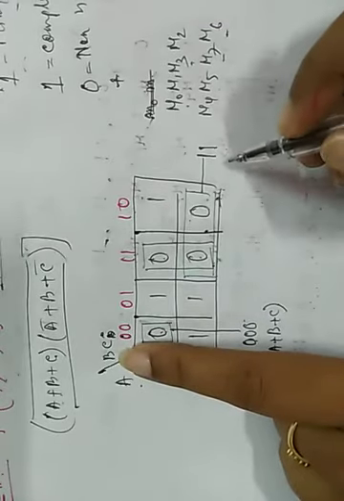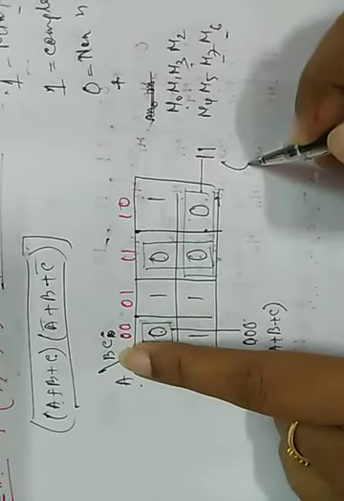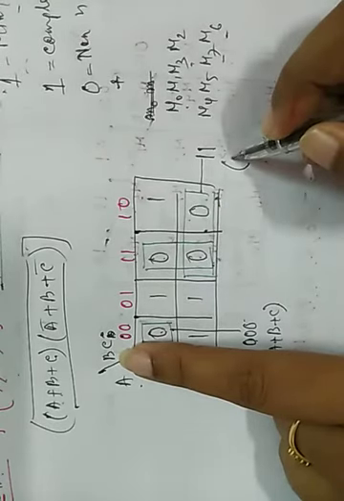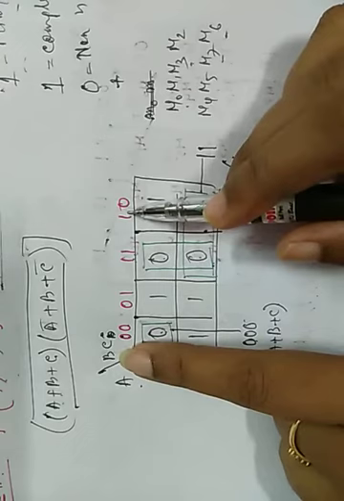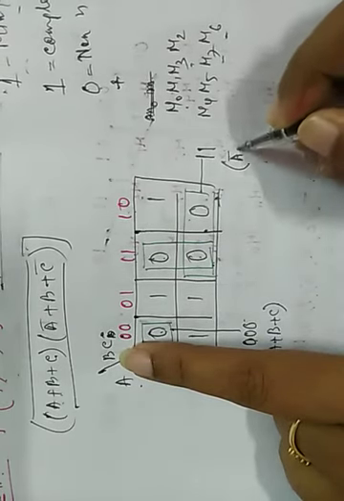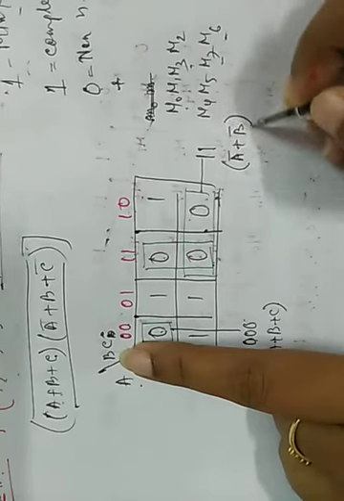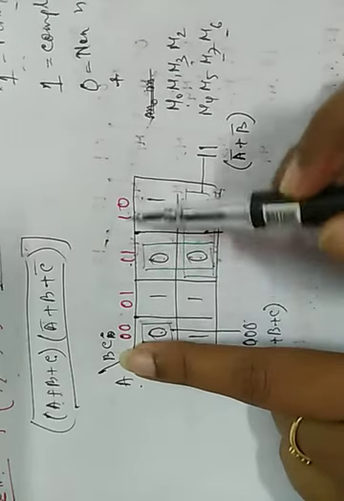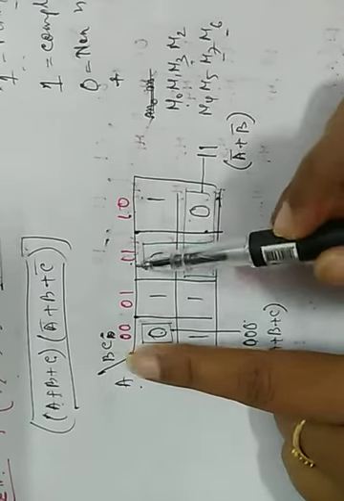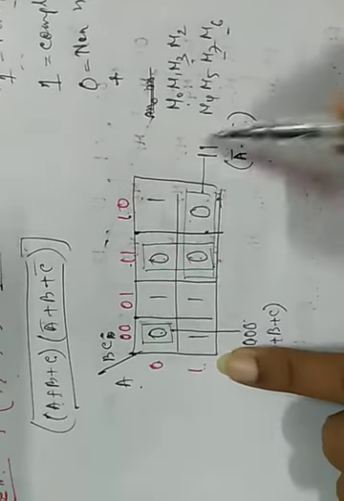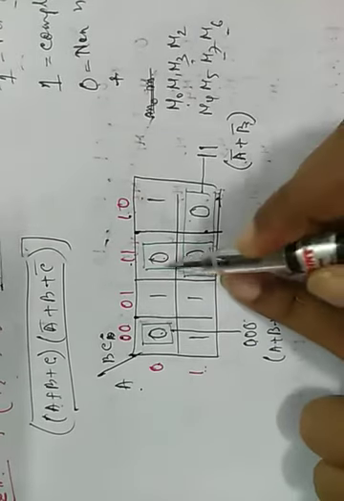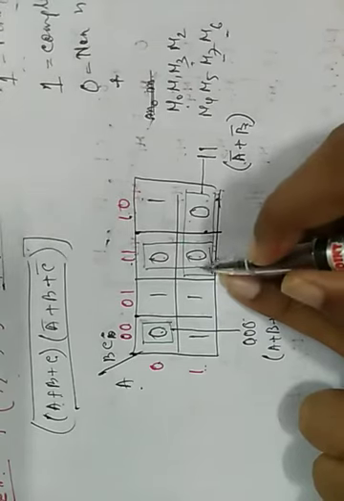So 1 1 means our value is a bar plus b bar. Okay, a bar plus b bar, because a bar is for this one, and b bar is for this one.